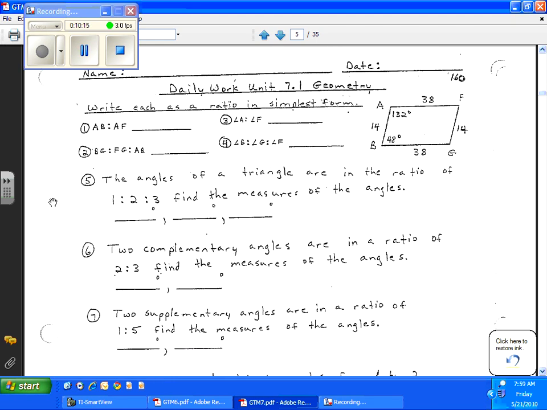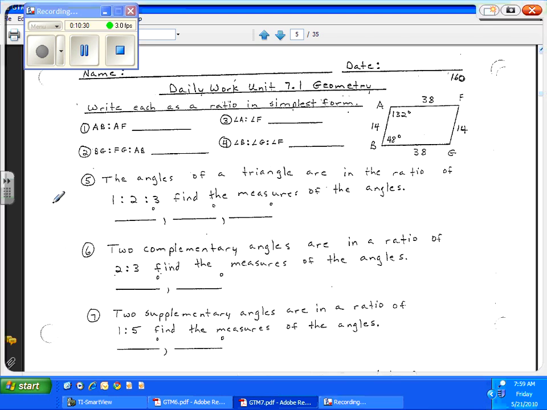Now, we need to know the properties of a parallelogram. We know that this is a parallelogram because both pairs of opposite sides are equal. That's given information: 14, 14, 38, 38. We want the ratio of AB to AF.